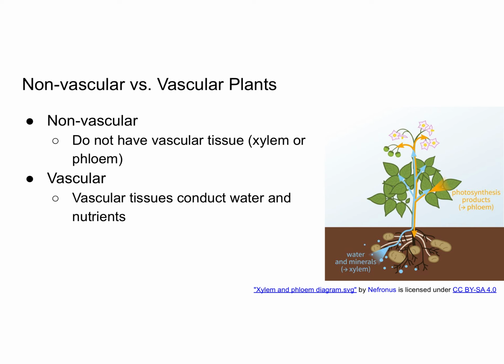So first, let's take a look at the difference between non-vascular and vascular plants. And this probably seems obvious. So non-vascular plants do not have vascular tissue. Remember, a tissue is just a group of cells that work together to perform a function.